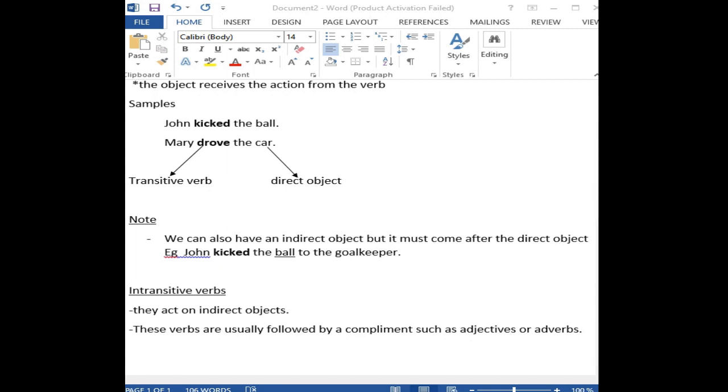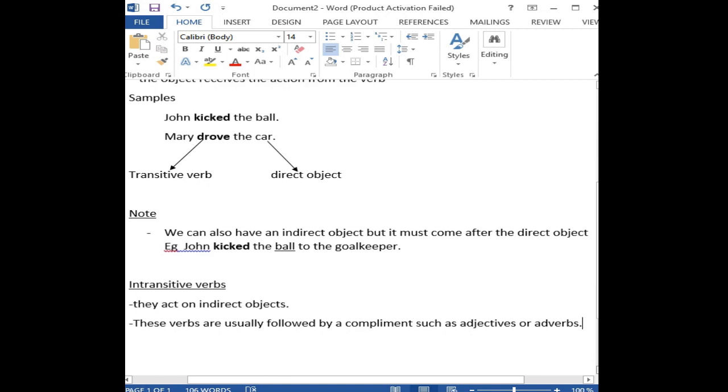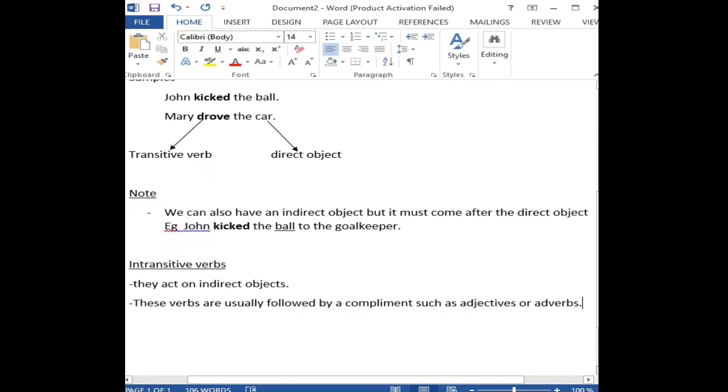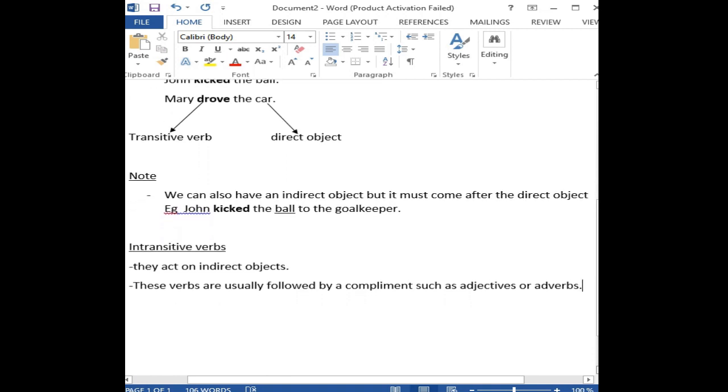Now, an example. Here we'll have two examples. One where we have an indirect object without a complement, and the next one where we have an indirect object with a complement.